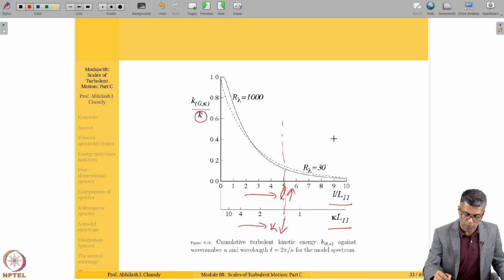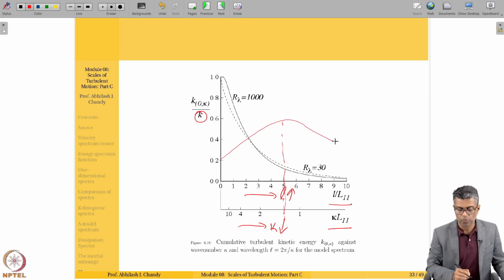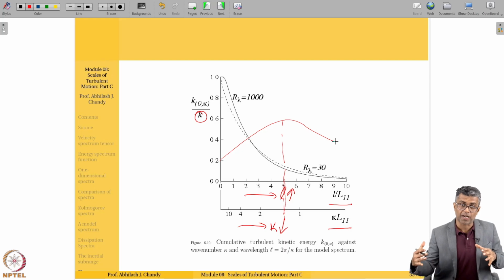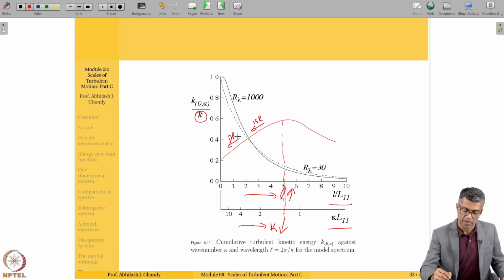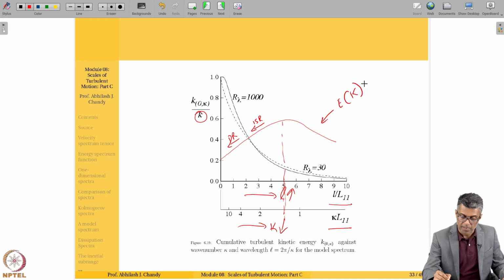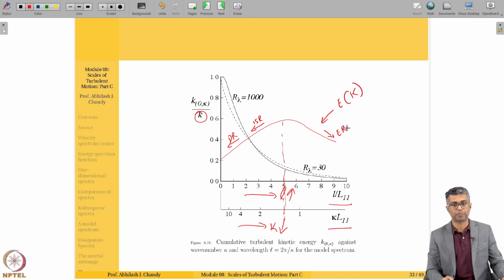So that means you will have something like this. Since the kappa axis is reversed, the inertial subrange would be here. This would be the ISR. This would be the dissipation range. This is the energy spectrum, E of kappa. This is the power law, kappa squared. So this is the energy containing range, energy range, as we call it, the inertial subrange and the dissipation range. So the peak occurs there.